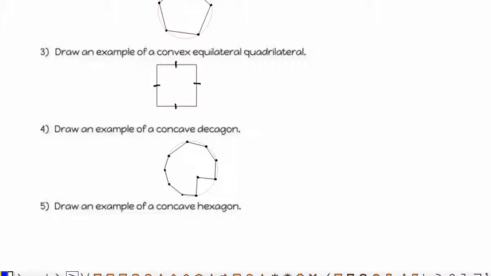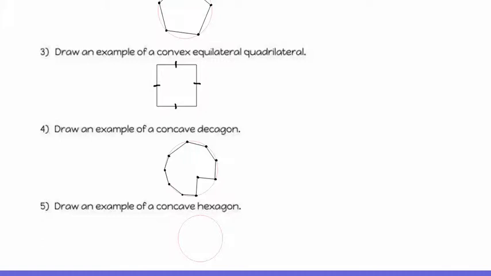Draw an example of a concave hexagon. So there again, we're going to start with our circle. Put some points along the edge of it. I need 6 of them this time, and there again I want at least some along the outside and some on the inside.